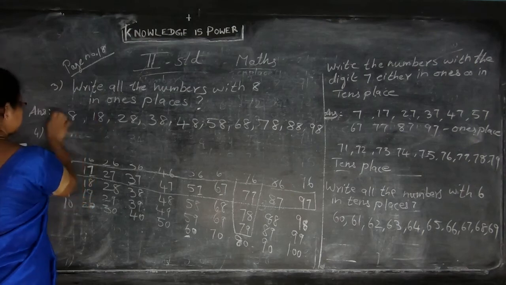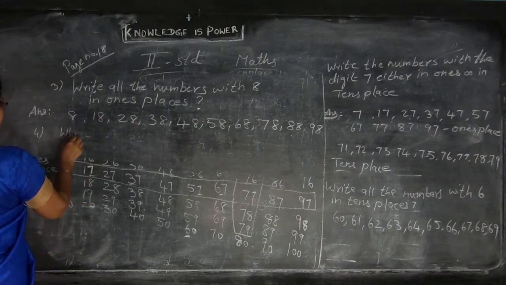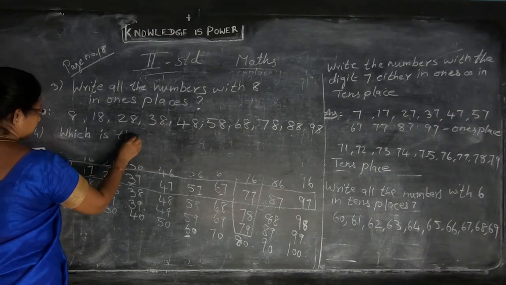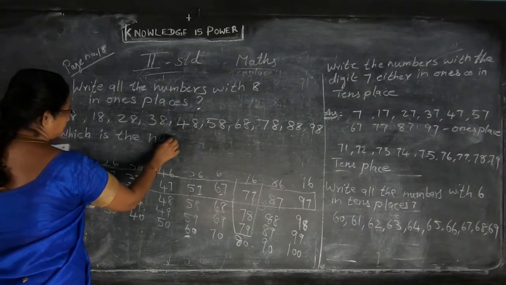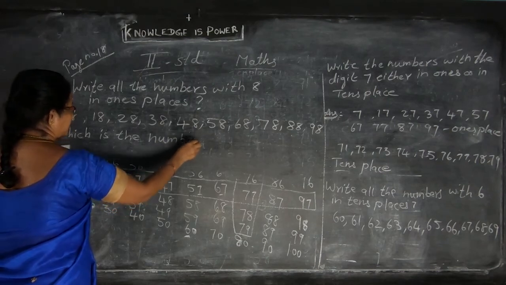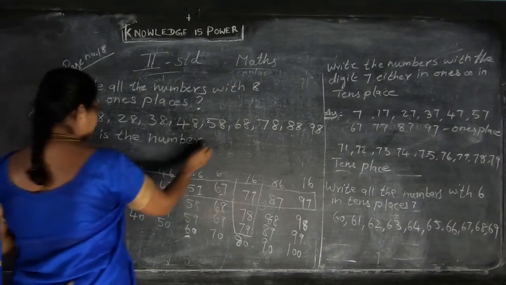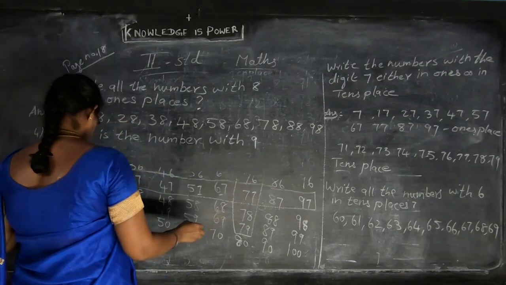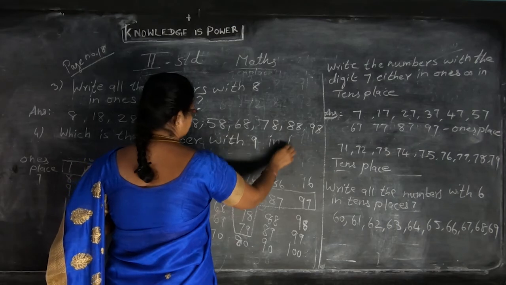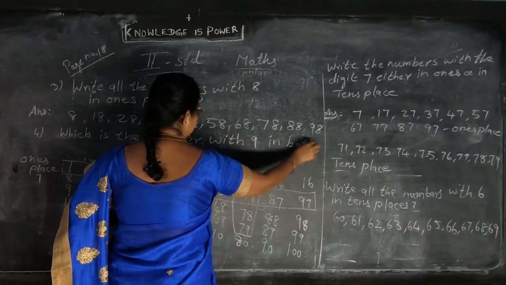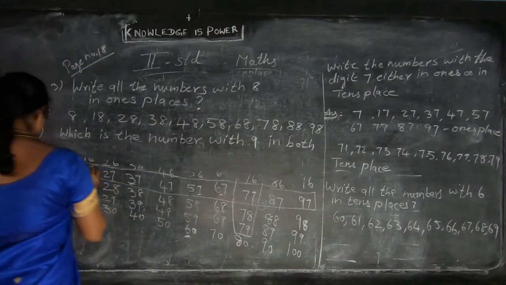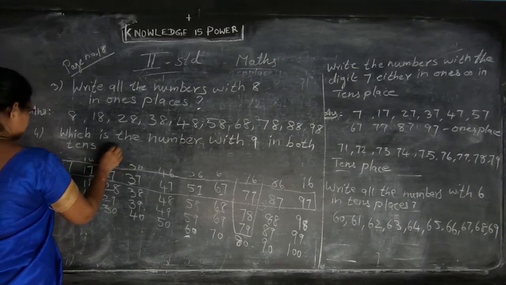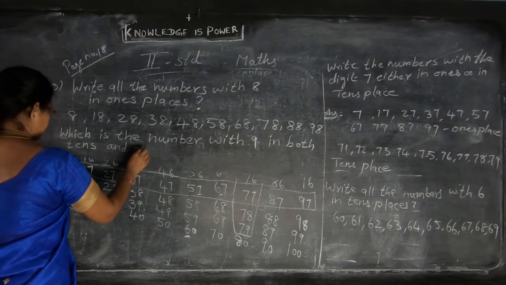Write which is the number with 9 in both tens place and ones place.